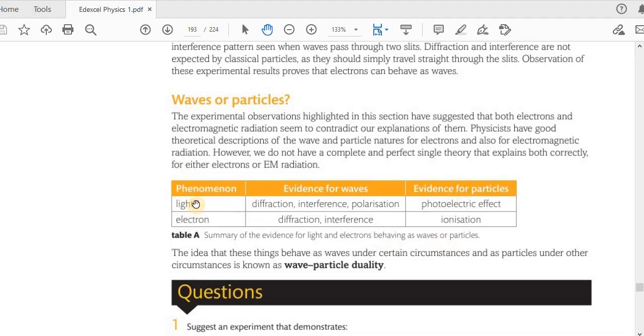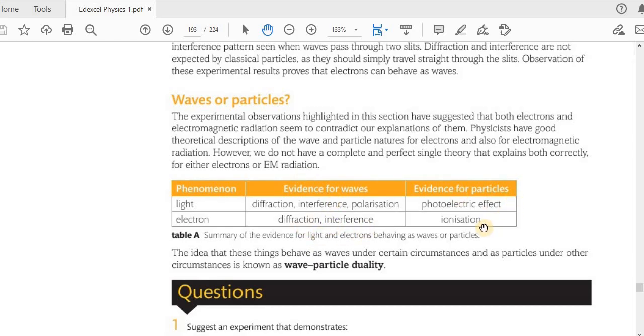So, phenomenon: light and electron. For light, what is the evidence of waves? It's very simple: diffraction, interference, and also polarization. Waves can also undergo polarization. Then the evidence for particles is the photoelectric effect. Later we will see how a photon removes one electron in the photoelectric effect. Then for electrons, the evidence for waves is diffraction and interference.